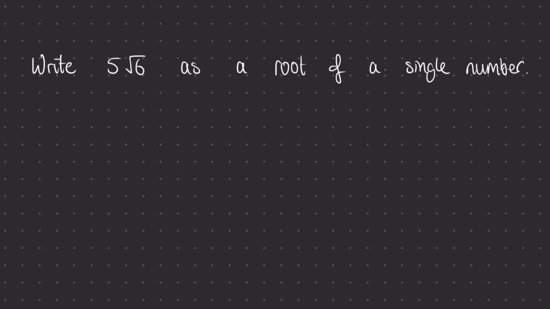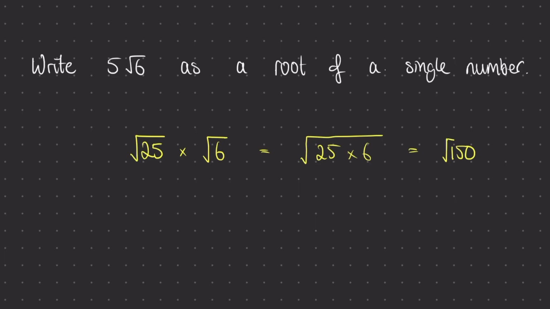Remembering that the square root of 25 is 5, that means I could write 5 like this instead, those being the same. Now I can times by root 6. Let's reverse our rule from before and write these as a multiplication under one root. Finally simplifying this, we would get 150 inside of our square root. So the answer would be root 150.